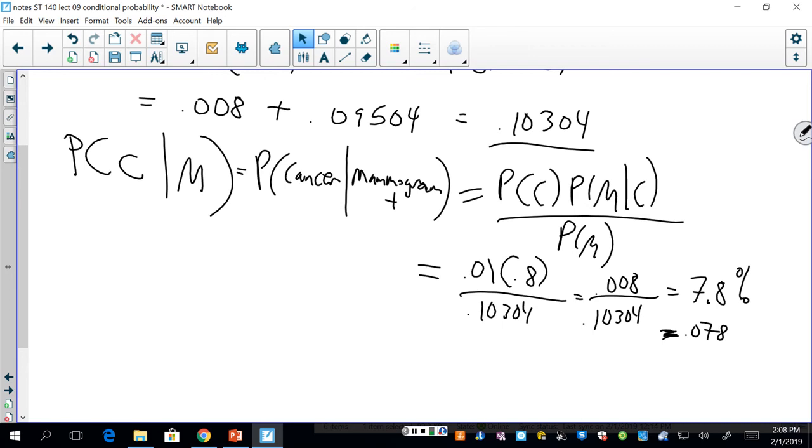Yeah, 1% is pretty small to start with, right? So this has jumped from 1%, for a randomly selected woman in that age group, to almost 8%. It's almost an 8-fold increase in chance. So it does make a big difference that they've had this diagnosis, but it doesn't make it 80%. It's like finding a needle in a haystack. It's hard to find evidence to really predict that tiny fraction. That's almost always true.